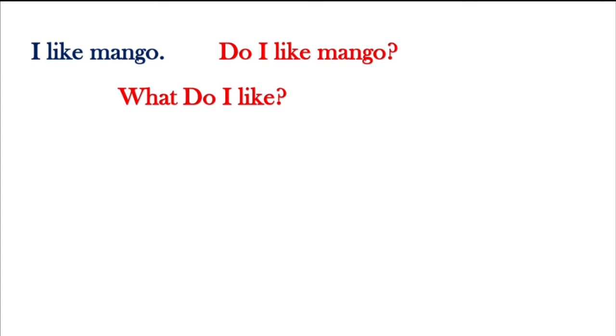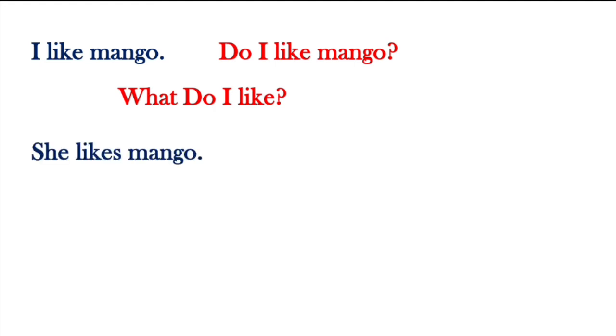Here "do" helps us to make a helping verb question or confirmation question, and even a WH question. To make any question, a helping verb must be needed. So in a sentence, if there is no helping verb, we have to take do, does or did to frame the question.